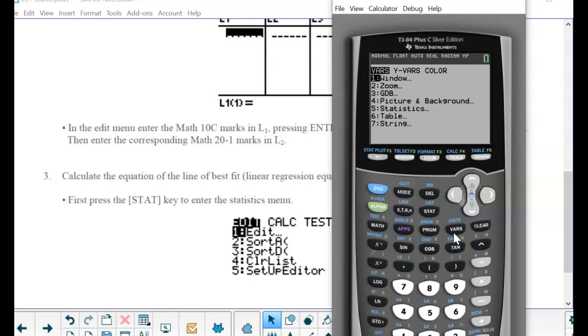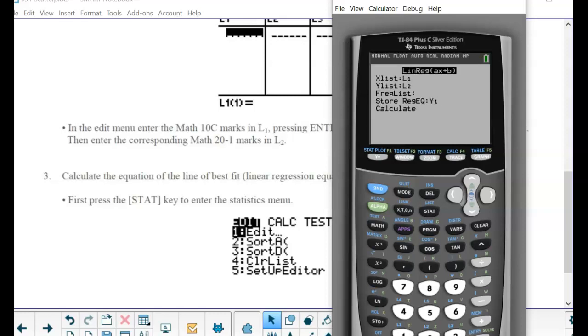Then you see Y variables as the second. So arrow to the right, and a linear regression is a function. All of these regressions are functions. You'll never use number 2, 3, and 4. So just enter in function, and there's your Y1.